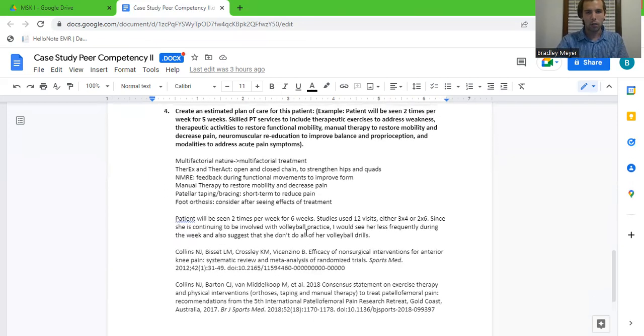And then here's kind of my initial plan. Since, as I mentioned above with my hypothesis, something like patellofemoral pain syndrome is multifactorial in nature, I would want to take a multifactorial approach to treatment, which is what I was reading a lot in the literature as well, that you can't choose one treatment to focus on and go with that.